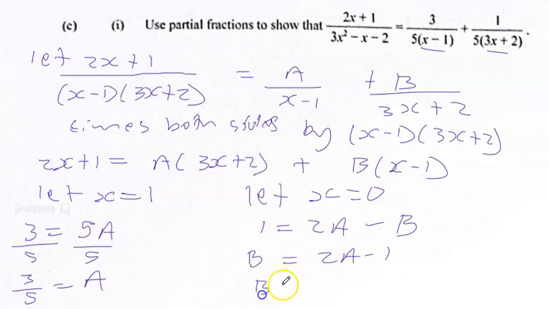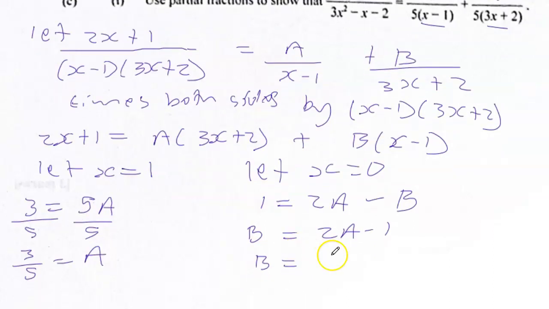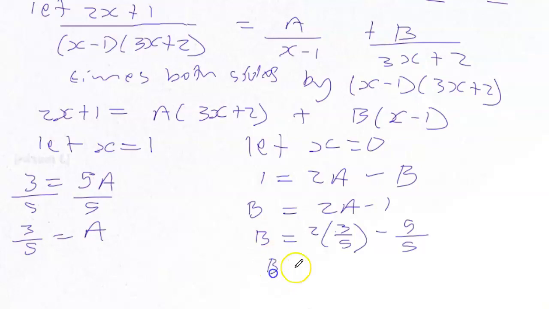Now we know the value of A is 3/5, so it's 2 times 3/5 minus 1, and of course we can rewrite the 1 as 5 over 5, since we have a denominator of 5 here. So what we have here for B is 6 over 5 minus 5 over 5, which is actually 1 over 5.